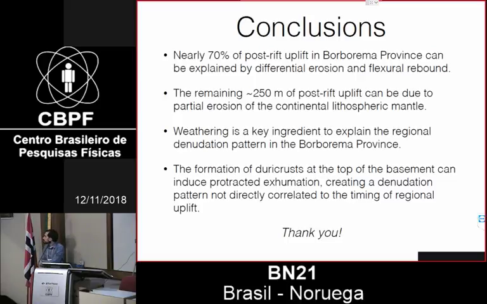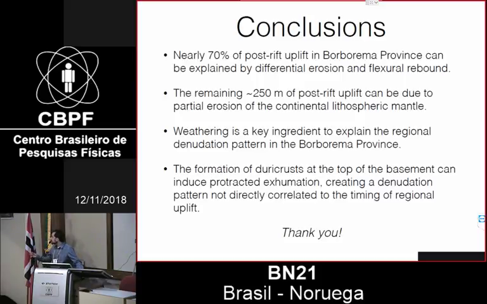Which one? Well, basically if you go just inland here, at some point you go up escarpment. No, here it's different because we don't have clear lithological control. Yeah, maybe part of post-rift uplift can be induced by erosion of the mantle, partial erosion of the lithospheric mantle.